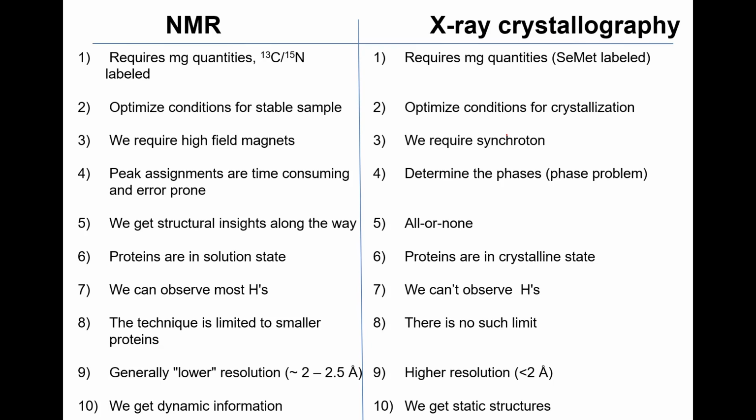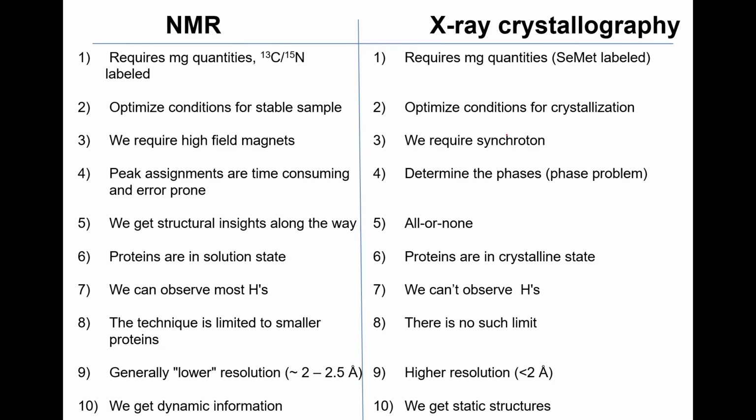We can observe most of the hydrogens which are associated with your three-dimensional structure. And in X-ray crystallography, there is no such limit, as we discussed, on the molecular weight of the crystal. Whereas in NMR, you need proteins with a lower or smaller molecular weight to give high resolution.